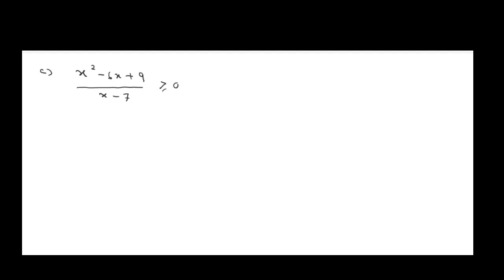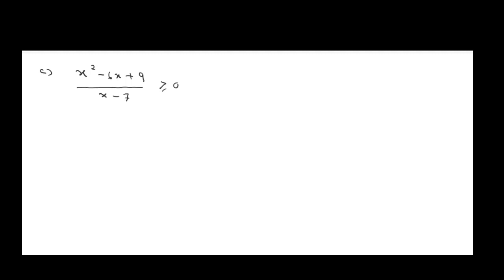Okay, in the third example, we have x squared minus 6x plus 9 over x minus 7 greater or equal to 0. So, the first step, make sure that the right side is 0. So, here we already have 0 on the right hand side. Okay, and then the second step, make it into one fraction. So, we already have one fraction here.